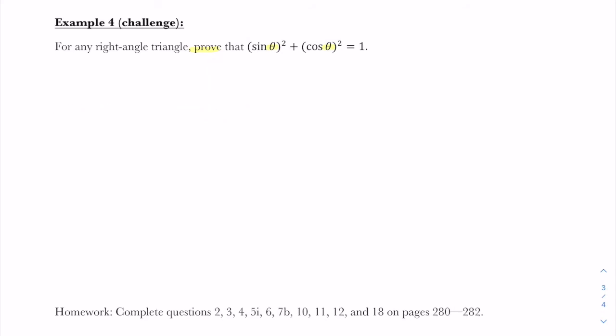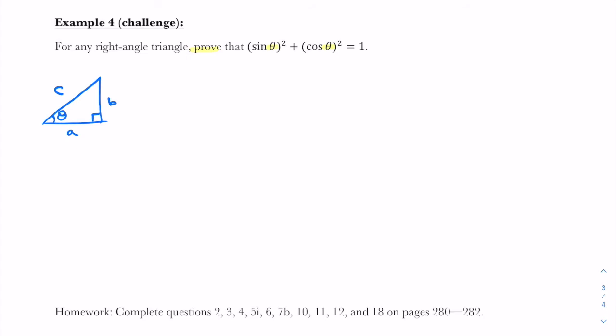Okay, so for any right angle triangle, we have to show this. I'm going to begin by just sketching any right angle triangle. I'm going to pick a random angle, we'll label it theta, and I'll label the sides A, B, and C. So we want to show that when you take sine theta squared and add it to cosine theta squared, you get 1.